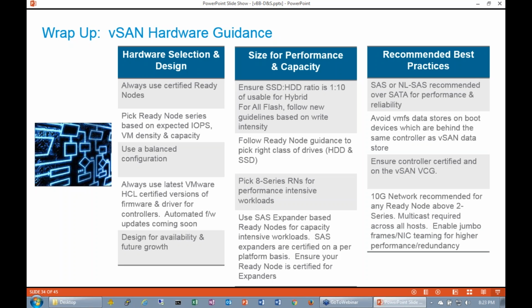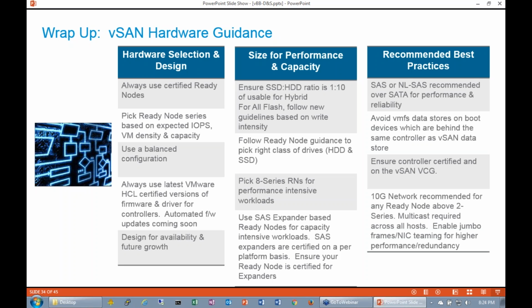But I highly recommend ready nodes. One big thing to keep in mind when it comes to ready nodes is people look at ready nodes and they say, I don't see a ready node with the configuration that I need. And I say, what do you mean? And they say, well, it's got great CPU, it's got great RAM, but I need 2 more drives worth of capacity. You can absolutely do that.